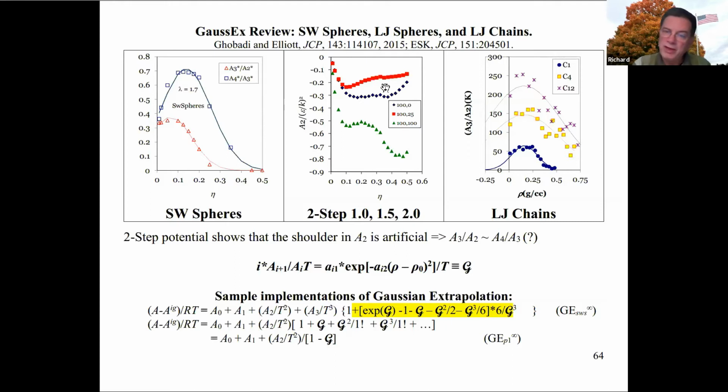And so it's that 2-step behavior that's causing the shoulder to go away. Or another way to think of it is this shoulder is caused by that square well. It's an artificial behavior. And we've also made this plot for trapped chains going from methane to butane to dodecane.